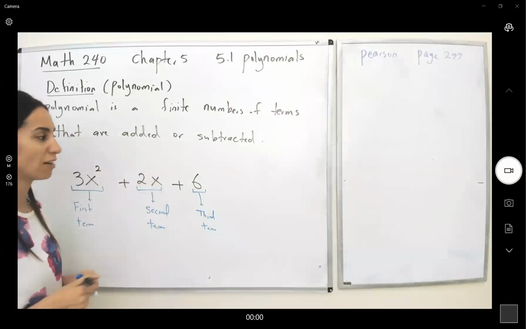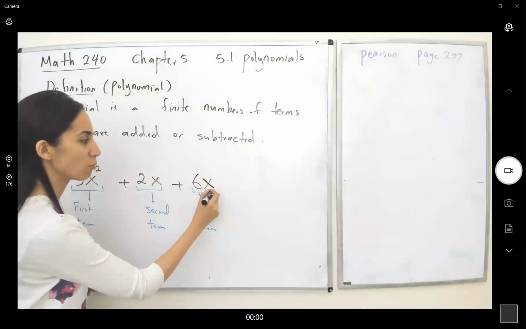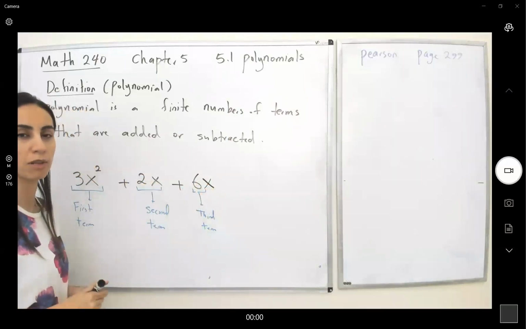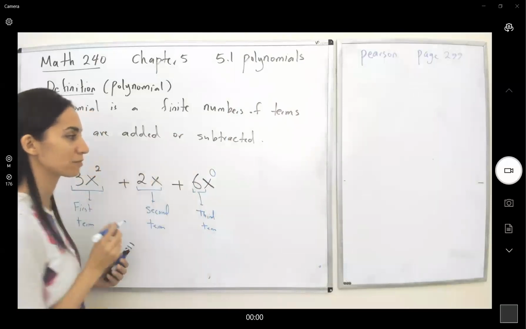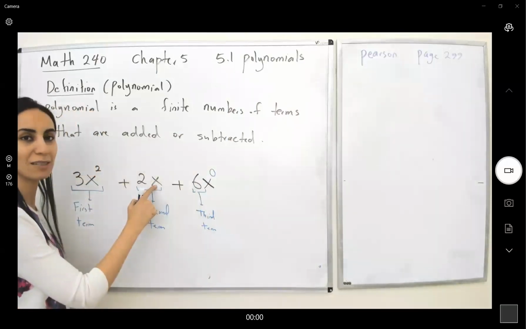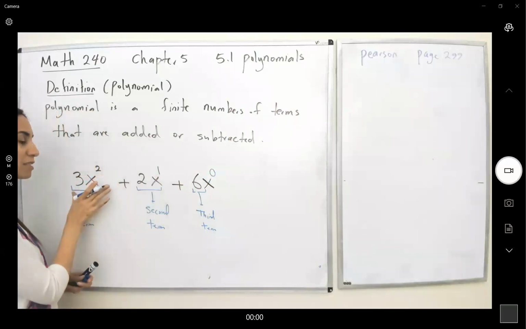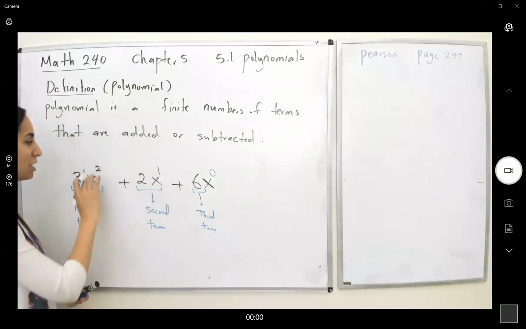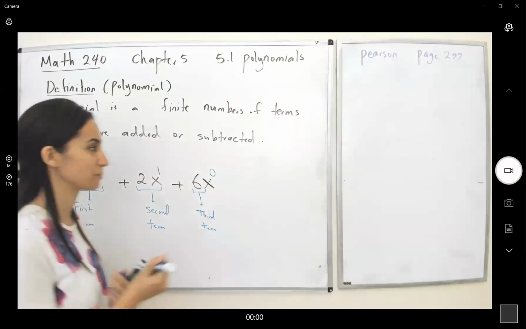Recall that when you have a constant like 6, it means that it was multiplied by a variable raised to exponent 0. When you have an invisible exponent, it means that it is equal to 1. And for this quadratic term, the exponent is equal to 2. Do we see any negative exponents? No. When it comes to polynomials, we don't have negative exponents.